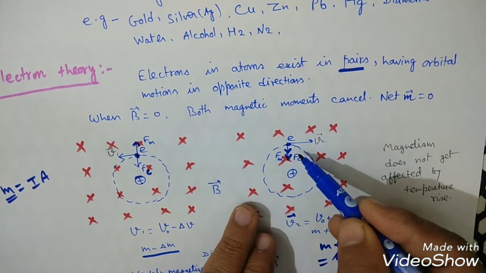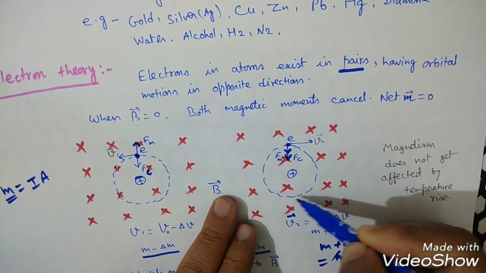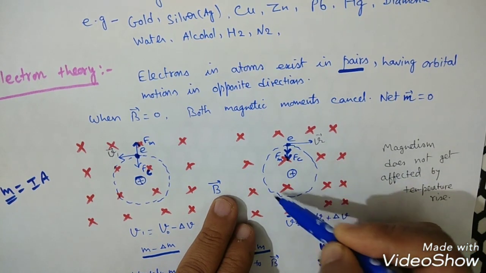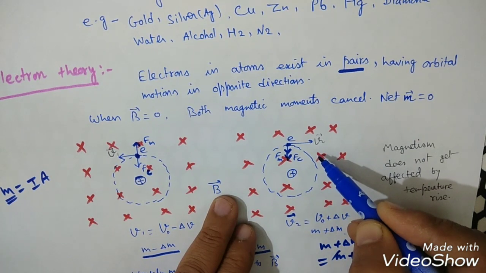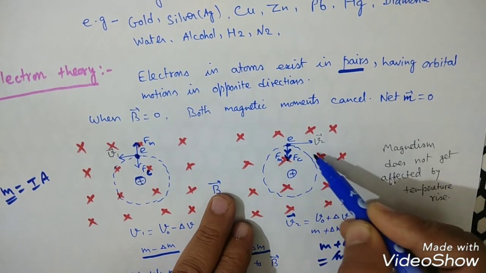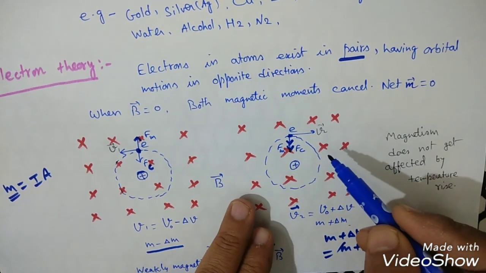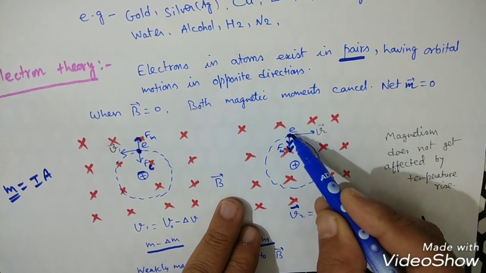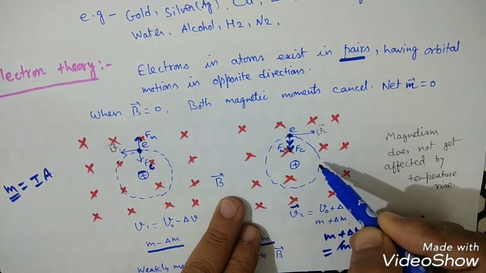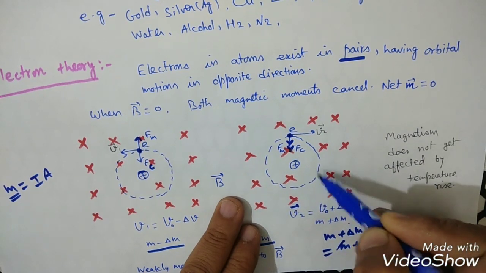What will be the south pole and which will be the north pole? When the direction of flow of current is anti-clockwise, that side of the atom acts as a north pole, and when the direction of flow of current is clockwise, that side of the atom acts as a south pole. Now it is an electron and we are seeing the direction of current, so the flow of positive charge will be the direction of flow of current.